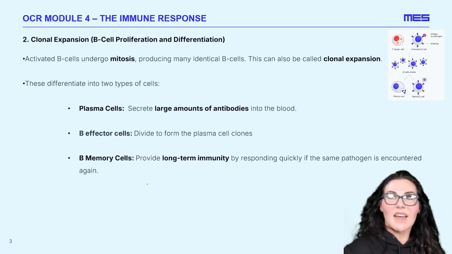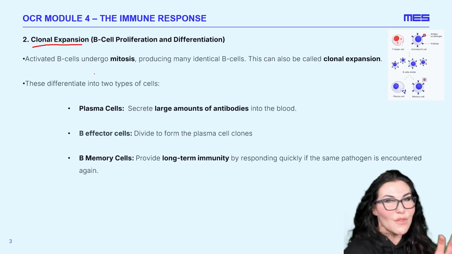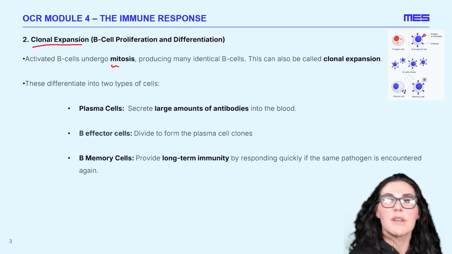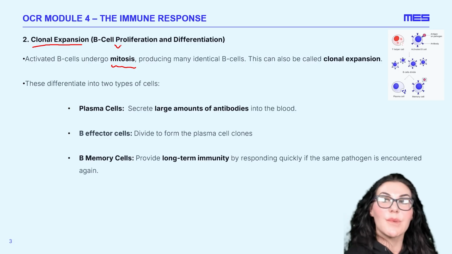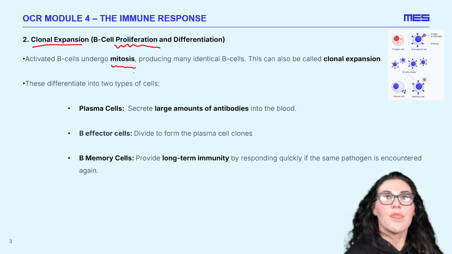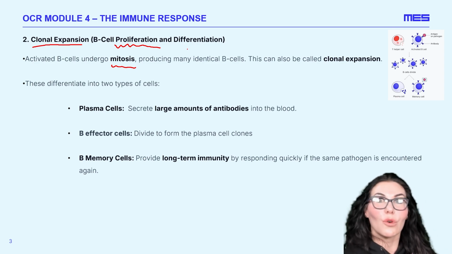When the B cell gets activated, it goes into its own clonal expansion. So that particular B cell with those specific antibodies on its surface goes into very, very rapid mitosis, or we call it B cell proliferation, which means very, very fast division. These B cells don't just proliferate or clone.